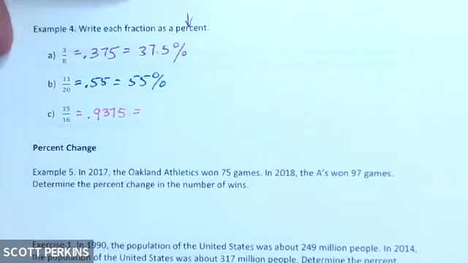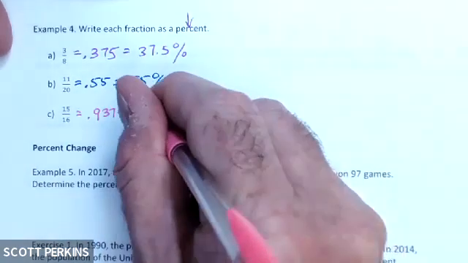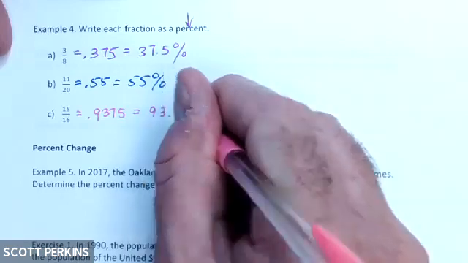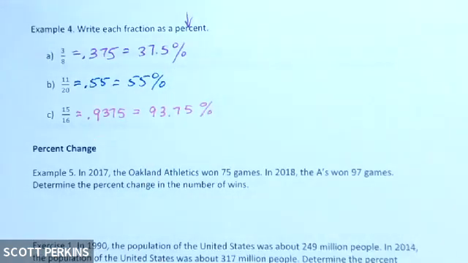Then I'm going to make that into a percent. That becomes 93.75%. All right, that's the quick review of percents and decimals and fractions, just some basic arithmetic for us this morning. But before I move on and we begin our process of applying percents to different things, any questions for me?